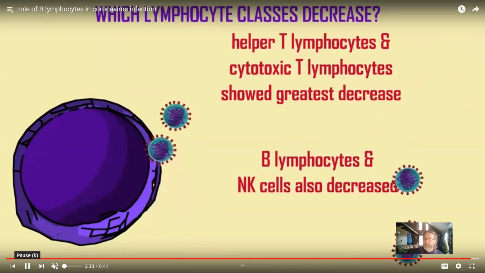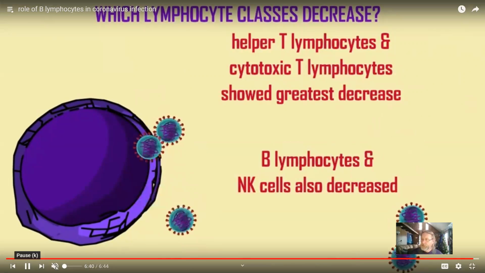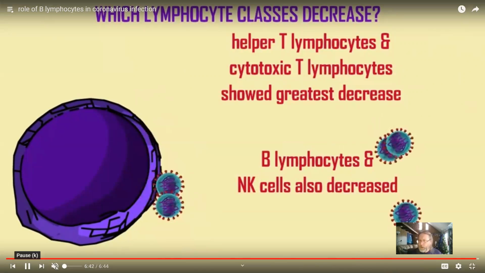So B lymphocytes decrease, NK cells decrease. Those are not quite lymphocytes, but they're similar to lymphocytes. So that's a type of immune cell we like to discuss as well.